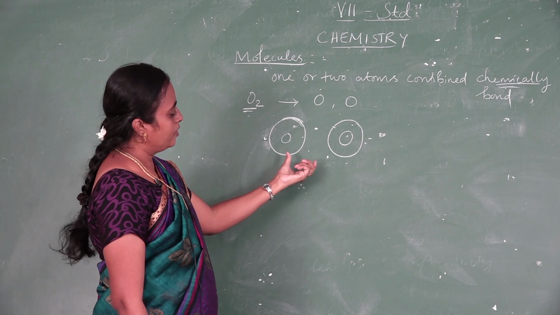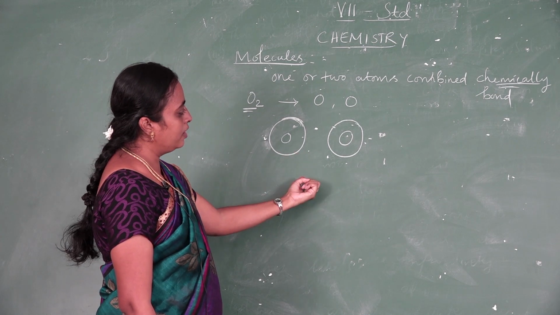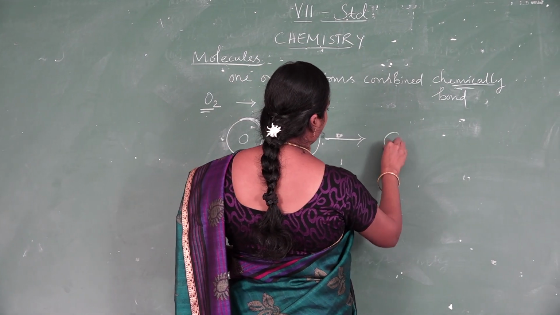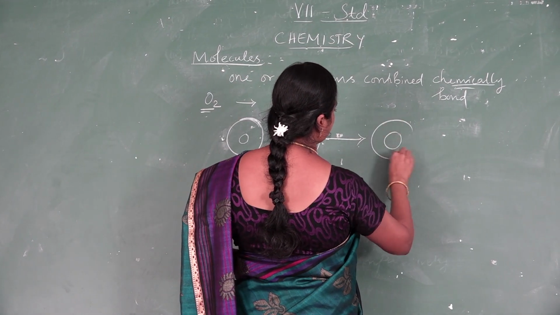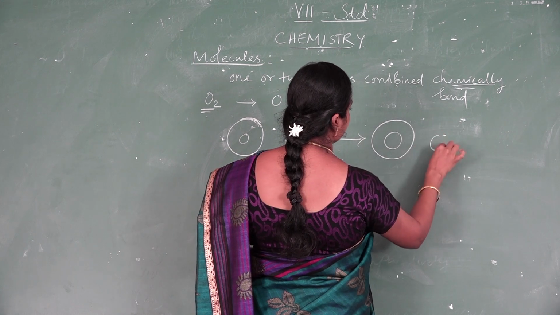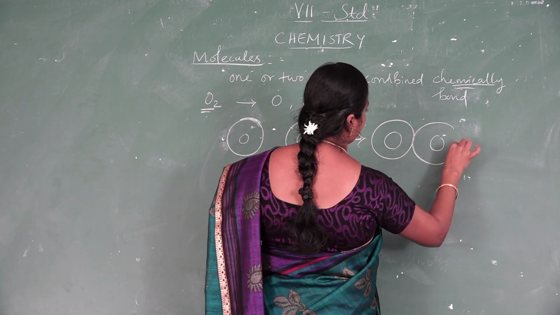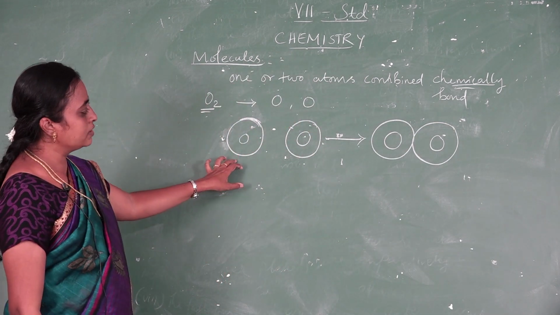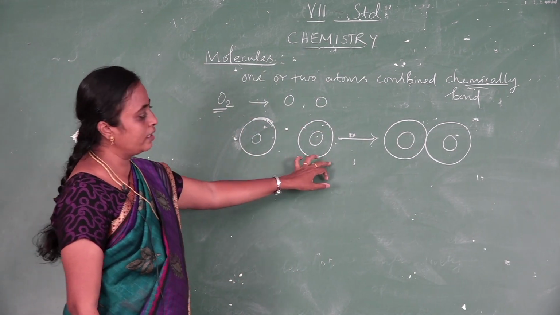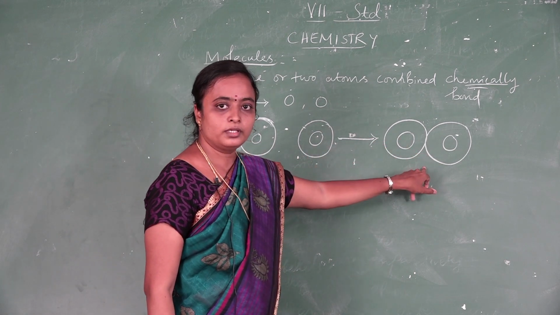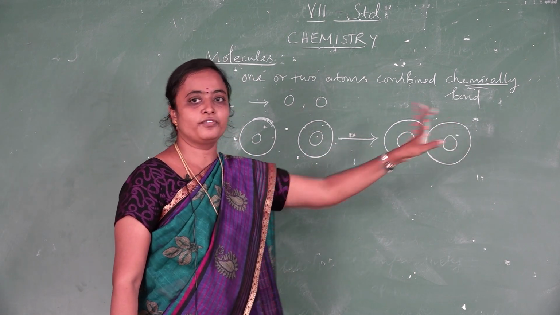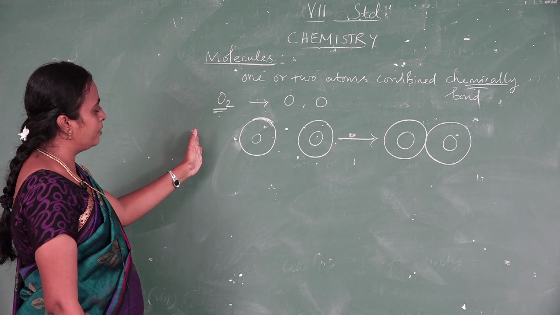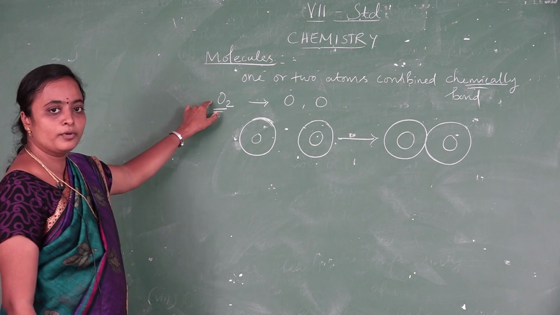Whenever atoms combine, you get a molecule. When these combine, you get a molecule like this, with nuclei, where each is an oxygen atom. So whenever two oxygen atoms combine, you get an oxygen molecule. This is an example of similar atoms.